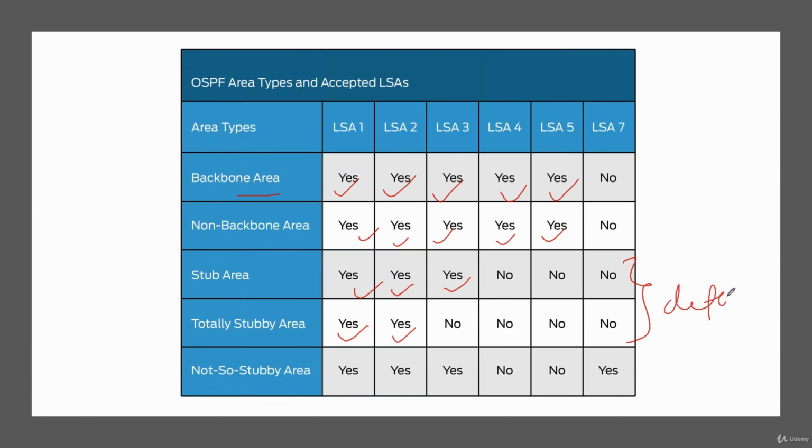Remember, they are going to generate the default routes. The not so stubby area: type 1, type 2, 3, and type 7. This type 7 will be converted to type 5, and then it will reach area 0. That's the overall summary we have with this recording. So let's stop here, and the next section will continue from here.